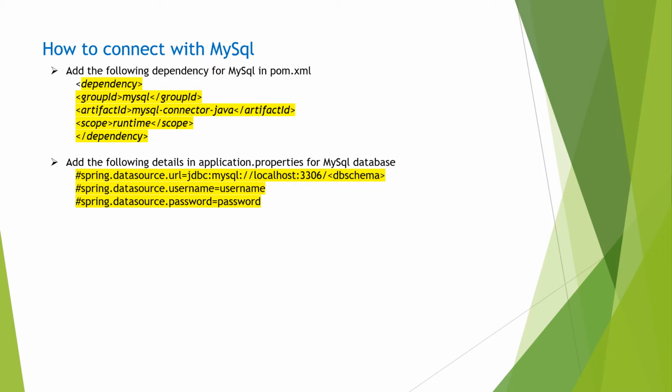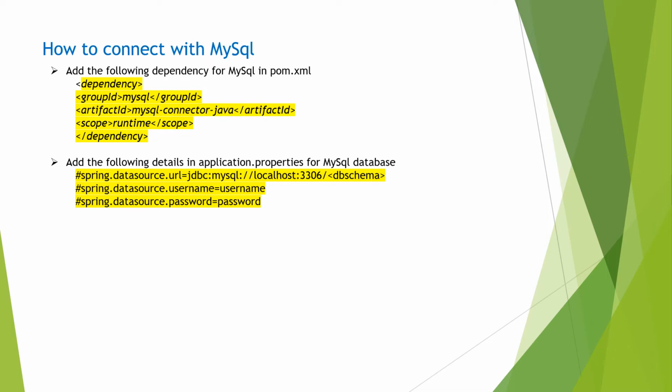We need to provide the database URL, username, password, the credential details. Once we provide the credentials and the URL details on top of the connector, Spring Boot will try to reach the database based on the connector we have provided.